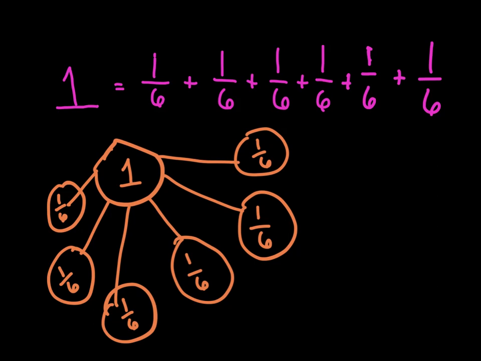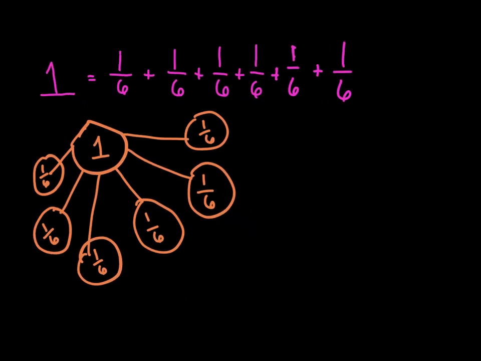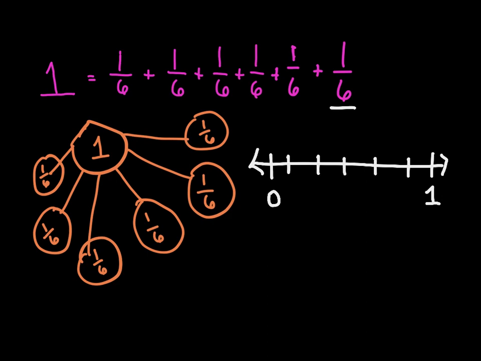We can also use a number line, 0, and we're working all the way up to a whole. How many pieces is it broken up into? It's broken up into 6. So we go 1, 2, 3, 4, 5. And guys, you don't want to count the zero. You don't count the zero, but you do count the whole when you're breaking up your fractions.